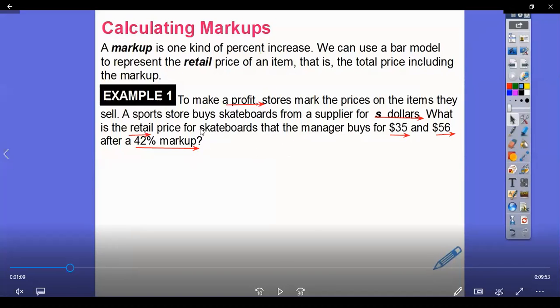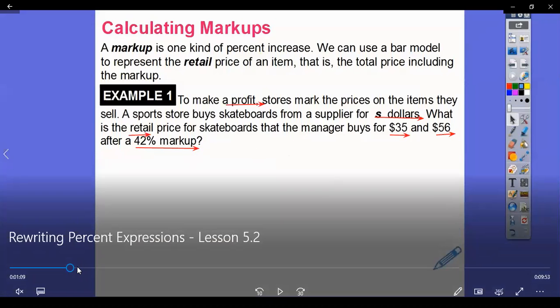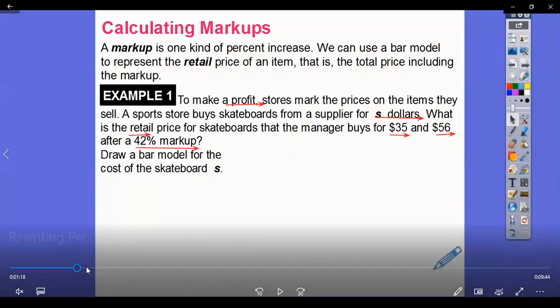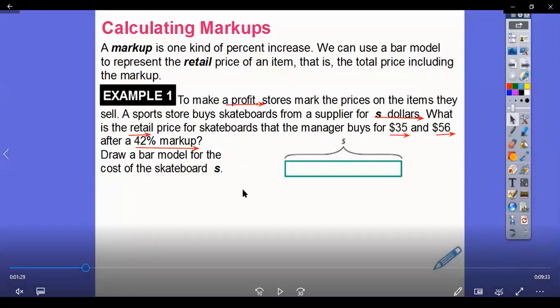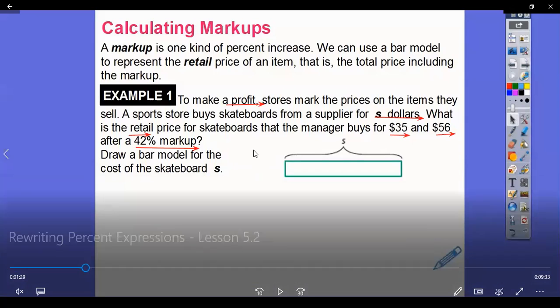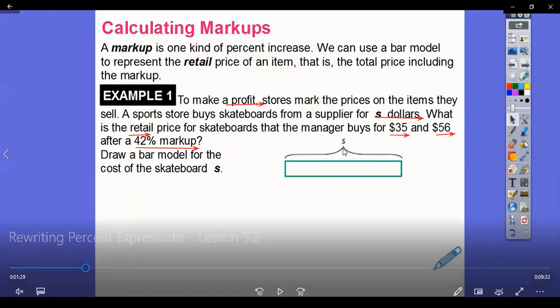Now, we will use the bar model. What is the bar model? We have to draw a bar model for the cost of the skateboard. The bar model will represent 100%, the total amount of money, which is the whole bar. We denoted it by S, because this is the total cost which we have to pay at the end of this situation.